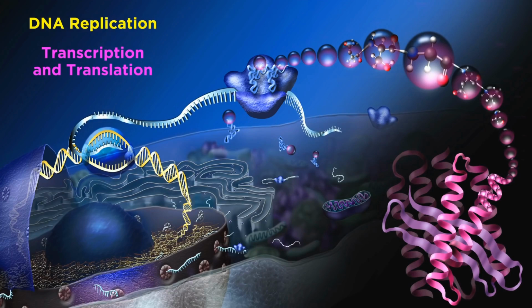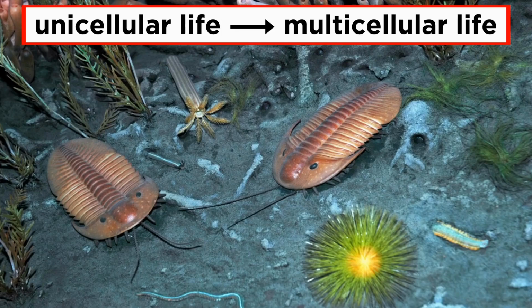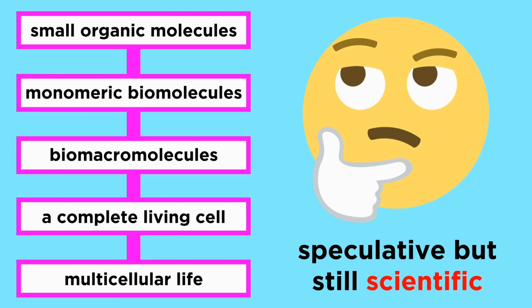Once nucleic acids became self-replicating, the concept of inheritance took hold. We also discussed how multicellular life arose from unicellular life, which resulted in an even greater variety of organisms. This is admittedly a speculative series of events, and one could go into much greater detail on any individual step.